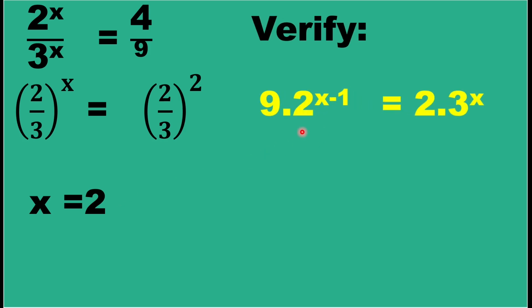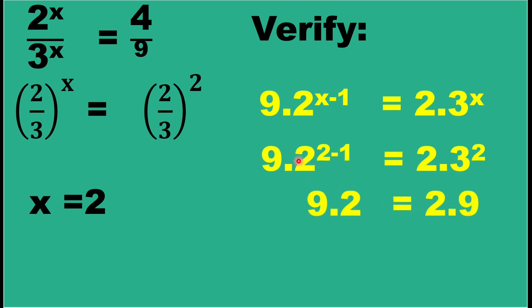And now let's verify it as well. So this was our given question, and now we will put x equal to 2 over here. So now we have 9 into 2 power 2 minus 1, and here 2 into 3 power 2. Now this will become 9 into 2, because 2 minus 1 equals 1, and generally we do not write power 1.